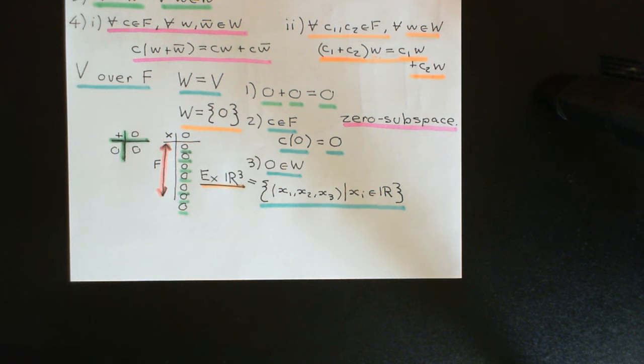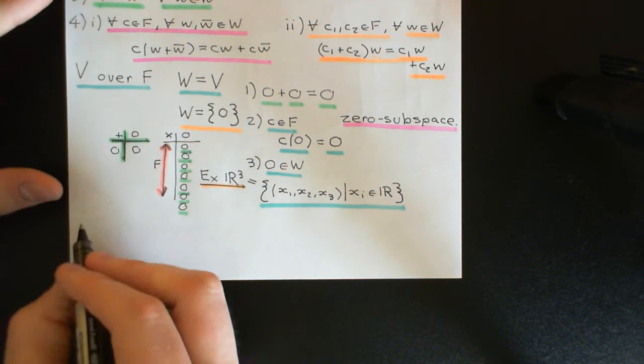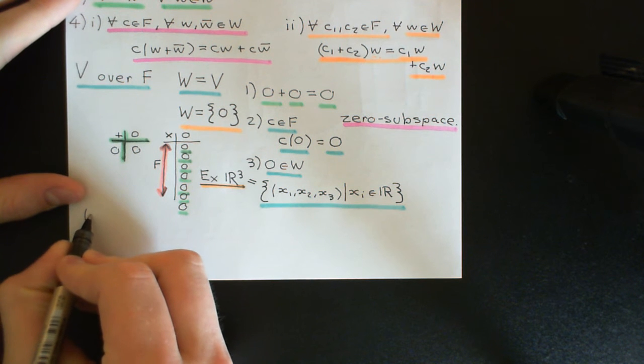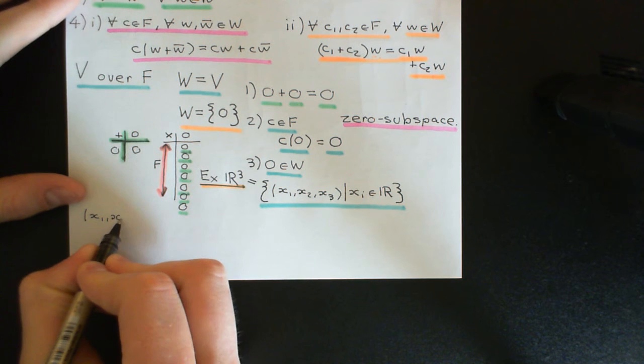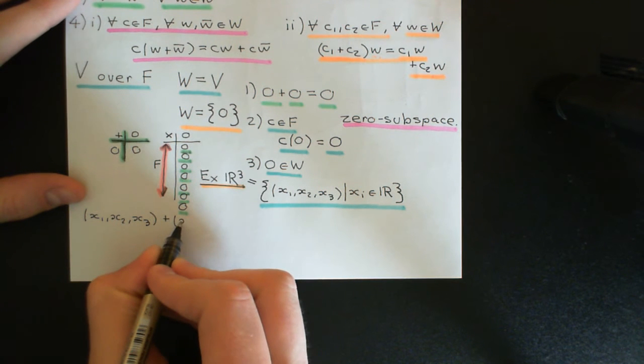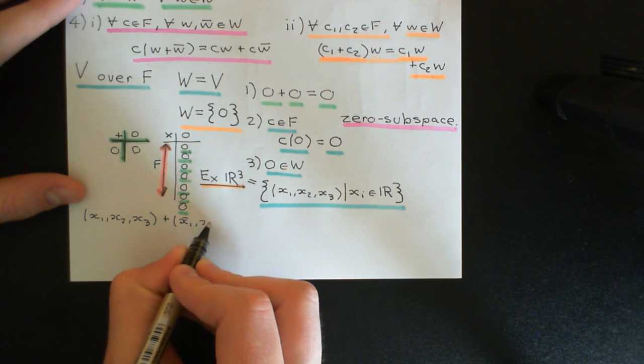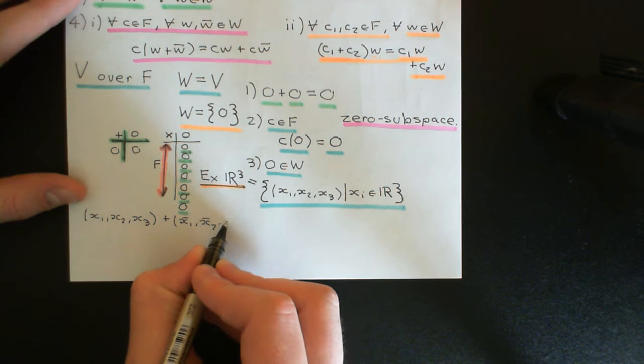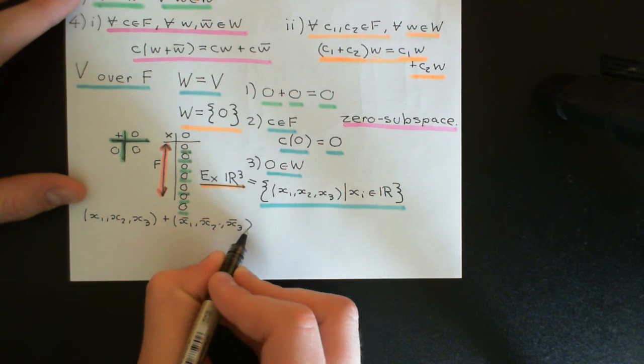Then what we're going to do is define an addition law and a scalar multiplication law on top of this, and the addition law works like this. If I have one vector, x1, x2, x3, and I want to add that to another vector, which I'll call x1 bar, x2 bar, x3 bar, the way you do it is just component-wise.